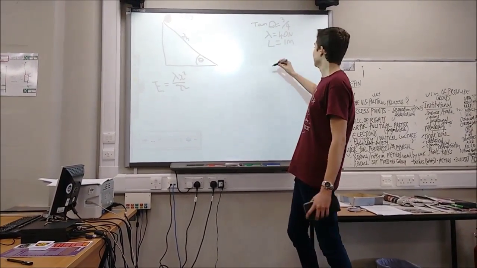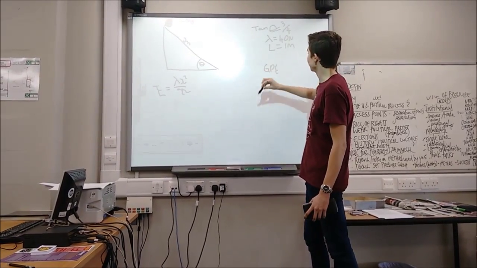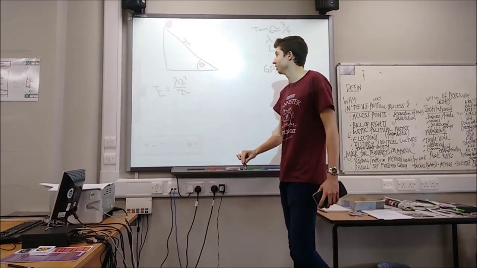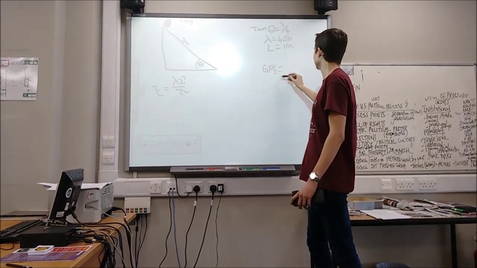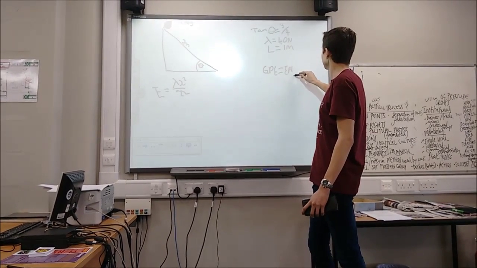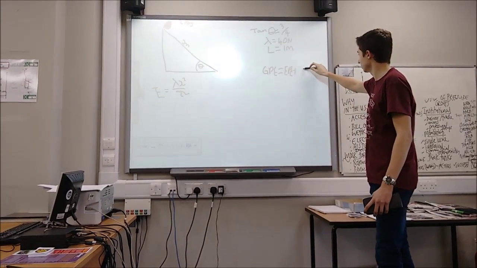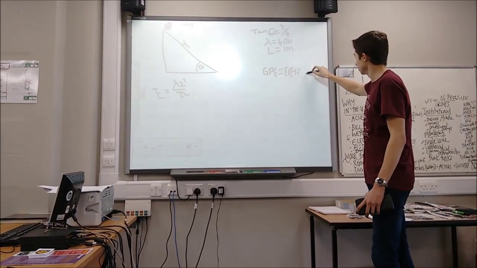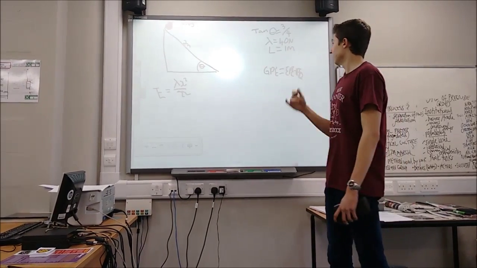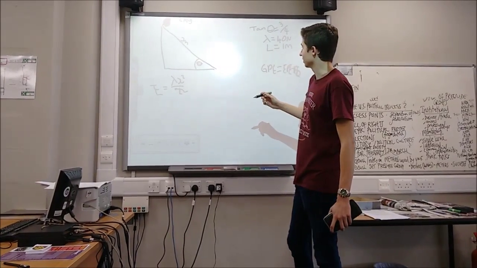We know that the gravitational potential energy lost, because it's going to be converted into elastic potential, is going to be equal to the EPE, but some energy is going to be lost to friction, so it's also going to be frictional energy. This is not very well calibrated. Frictional energy.